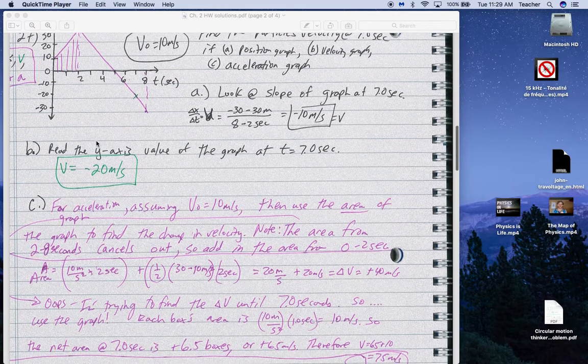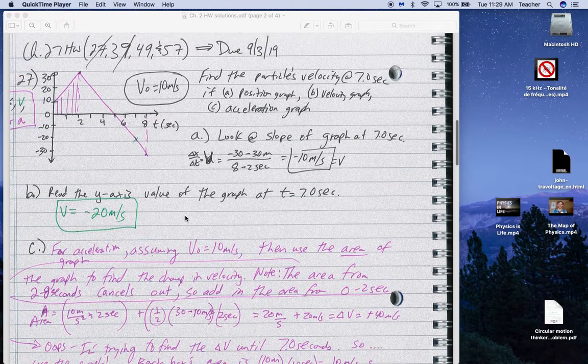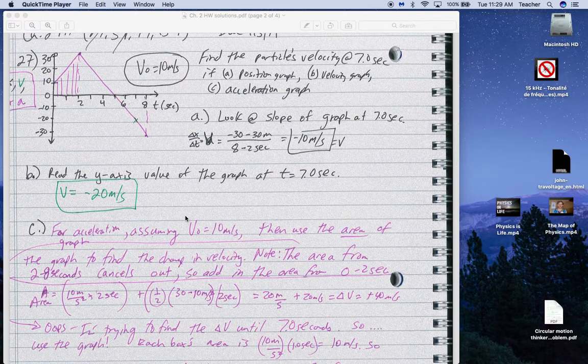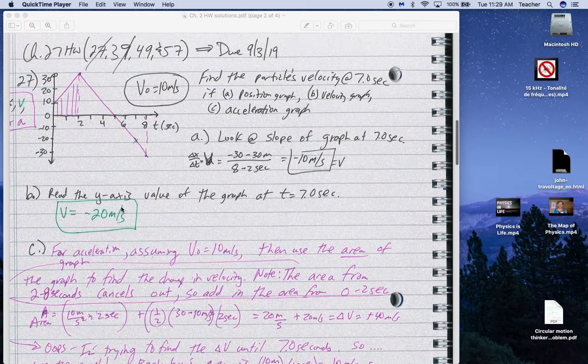For acceleration, it indicated that we started off with 10 meters per second. I think we were told that. So then we would use the area of the graph to find the change in velocity. And initially I screwed this up because I was thinking, oh, this area would cancel out that area. Well, it would if we were talking about 8 seconds in time, but we're only talking about 7 seconds.